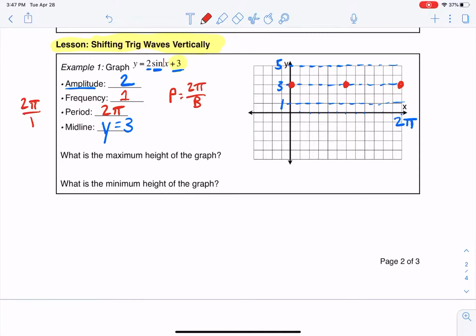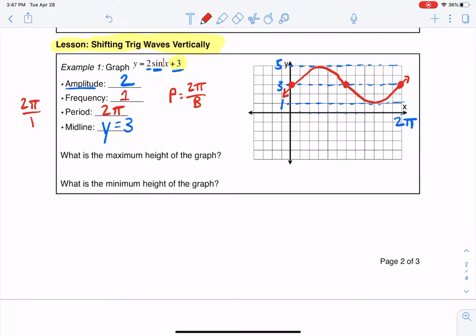All right, because it's a positive sine function, I'm going to go up to a maximum, back to that midline, down to a minimum, and back to the midline. Just have some arrows there that show that this graph continues. And there I've sketched one cycle of y equals 2 sine of x plus 3.